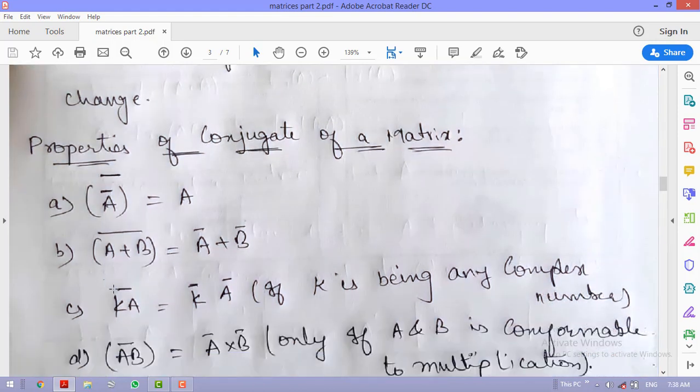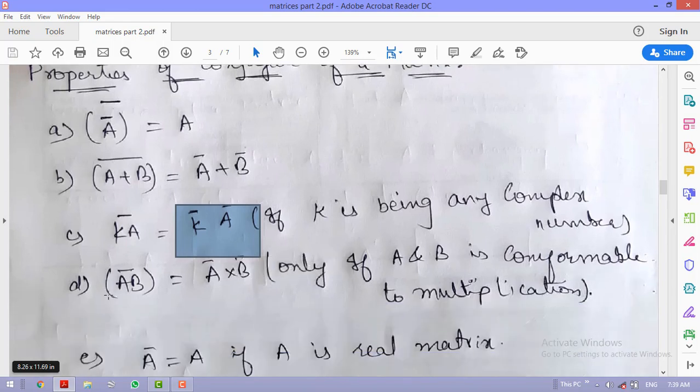Here you can see the third property of conjugate: if k is a complex number or a scalar, then the conjugate of k times A, where we first multiply the matrix by the scalar and then take the conjugate, will be equal to the conjugate of k times the conjugate of A. Then the next property: first we apply a multiplication operation, then the conjugate of that will be equal to the multiplication of the individually conjugated matrices.